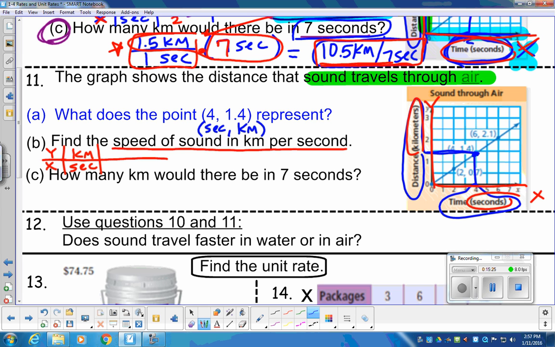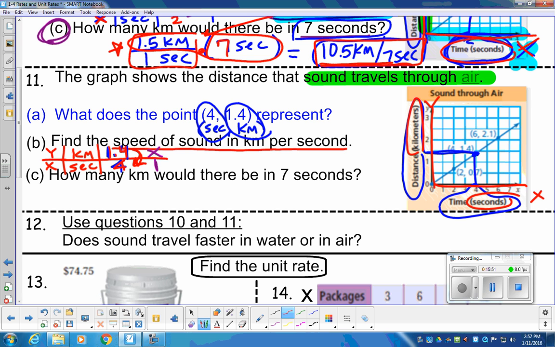As we start to solve, the kilometers is 1.4 and the seconds is 4. So we have 1.4 kilometers in 4 seconds. We want to know how fast we're going in 1 second. How many kilometers in 1 second? Just like we did on the previous page, we're looking for the unit rate, so it becomes a division problem. 1.4 divided by 4.